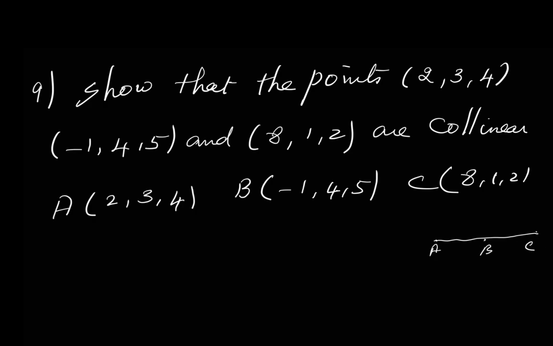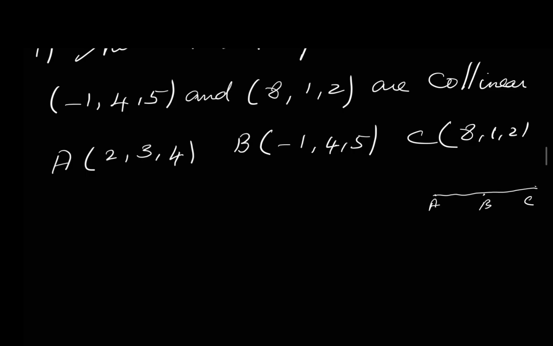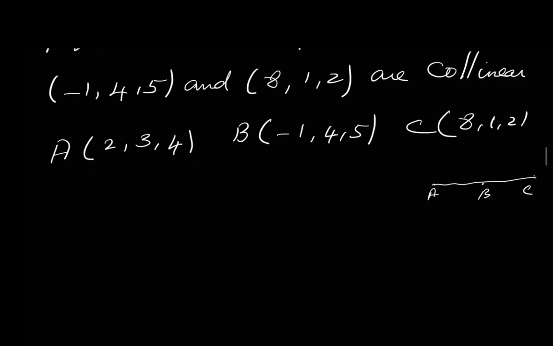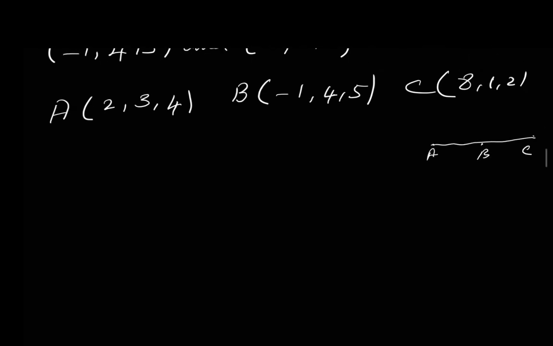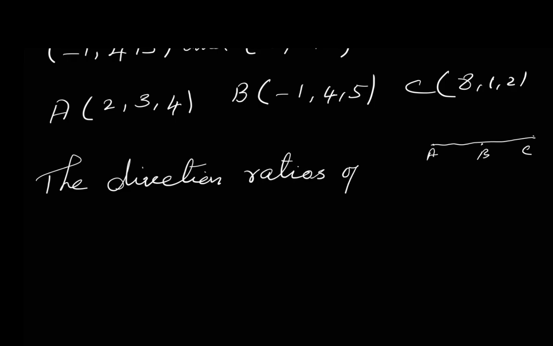We can take the parallel condition. Here also the same parallel condition: b1 by d1 equal to b2 by d2 equal to b3 by d3. So let me take the first 2 points. If you join these 2 points, you will get a line. You collect only the parallel vectors, that is the direction ratios. So the direction ratios of AB is x2 minus x1, that is minus 1 minus 2, minus 3, denominator term.